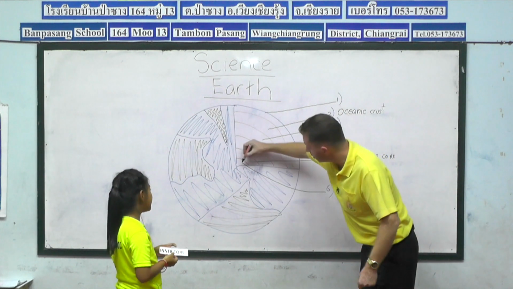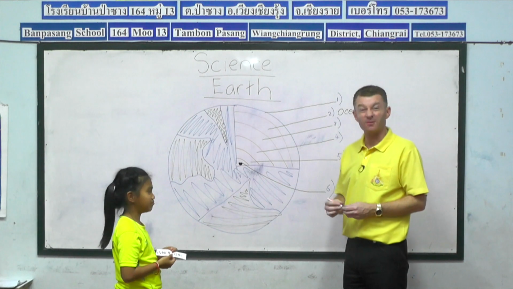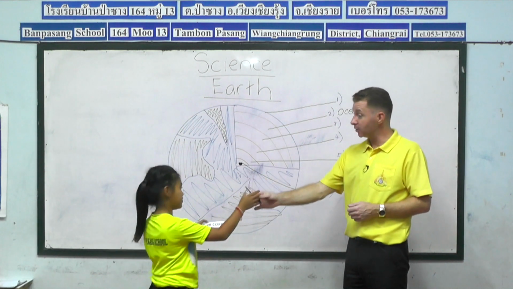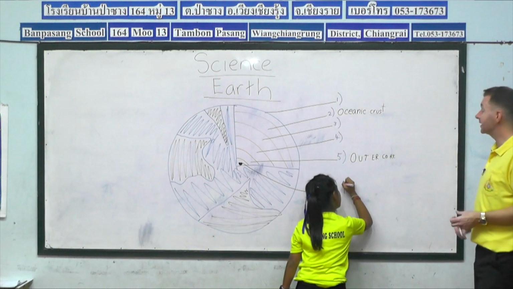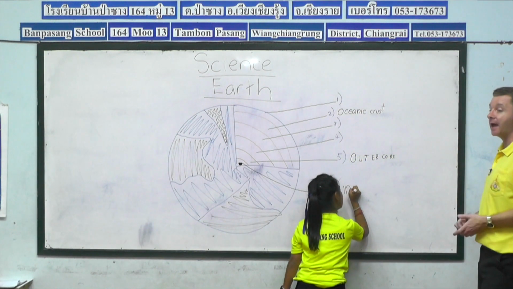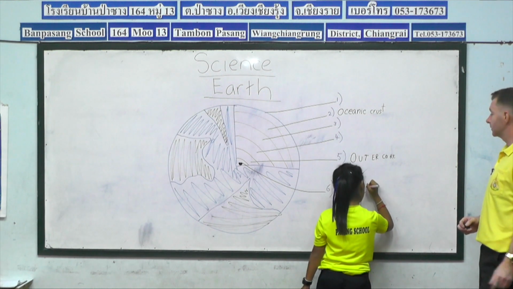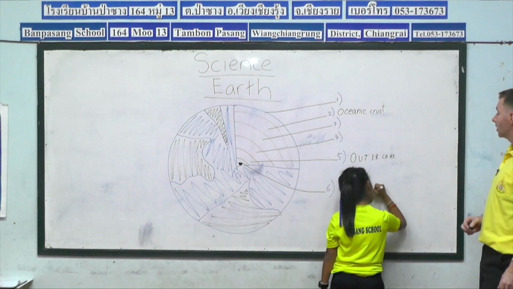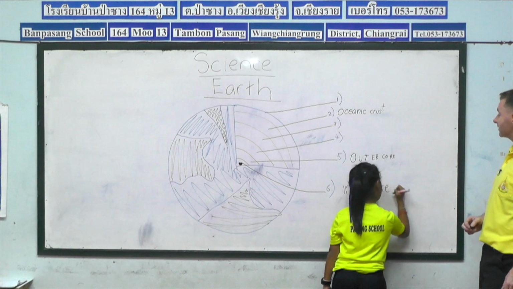The inner core is the very center of the Earth, where it's as hot as the sun. So Pak Bung, can you write inner core? I, N, N, E, R, C, O, R, E. Excellent, Pak Bung.